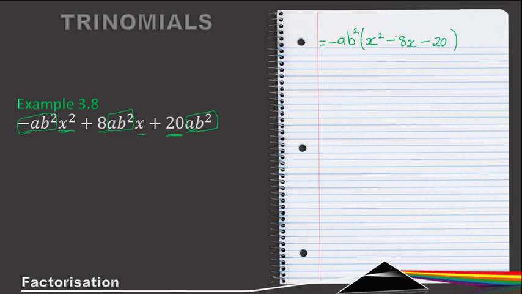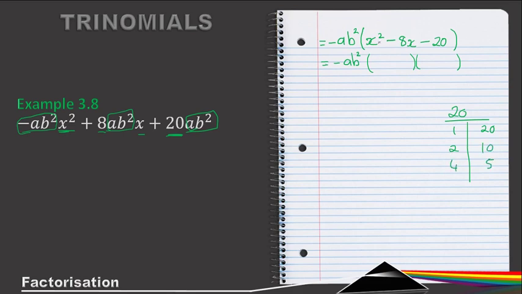Now we see that these are 3 terms where we've got x squared, an x, and a constant. So we can apply trinomial factorization. So I've got this common factor that I took out still, and I've got my 2 brackets. Now factors of 20 are 1 times 20, 2 times 10, and 4 times 5.